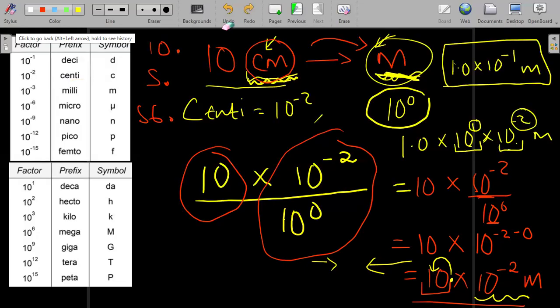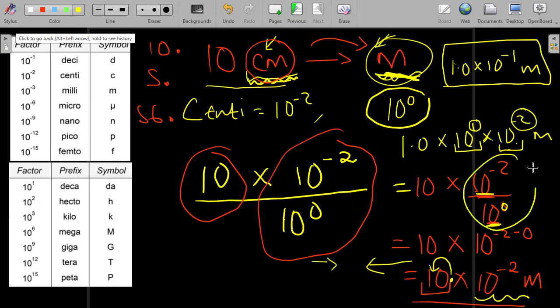Sorry, not to take you back. Here where you wrote 10 times 10 to the power negative 2 over 10 to the power 0, I didn't understand what you said there. Okay, so I said here, since you have the same bases, this is 10 and this is 10, this 10 is power 0 and this 10 is power minus 2.